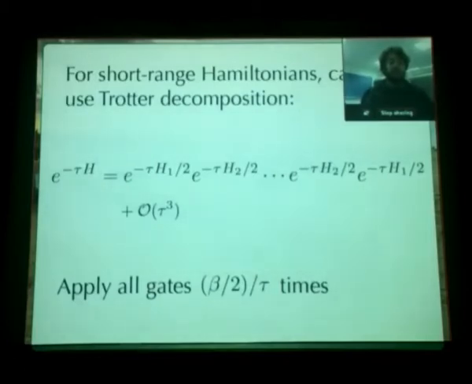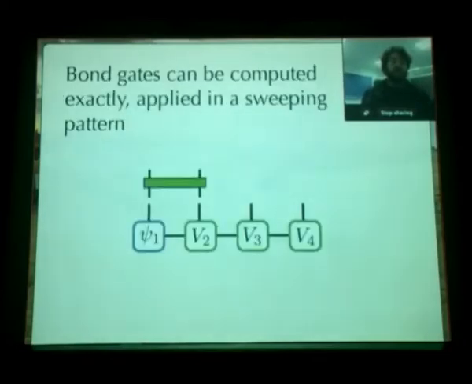So the H1, H2 here, we imagine there's an H3 all the way up to H n minus 1, and so our Hamiltonian is actually just a sum of neighbor bonds. We can do the Trotter decomposition, break our Hamiltonian into these gate operators. So that's shown on this slide. And so now we can take these gate operators, and if we take tau small enough, then we get an approximation, and we can apply them one at a time to our matrix product state.